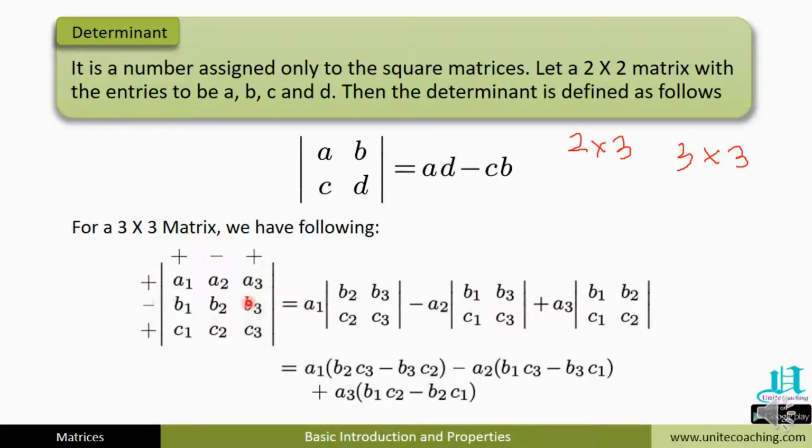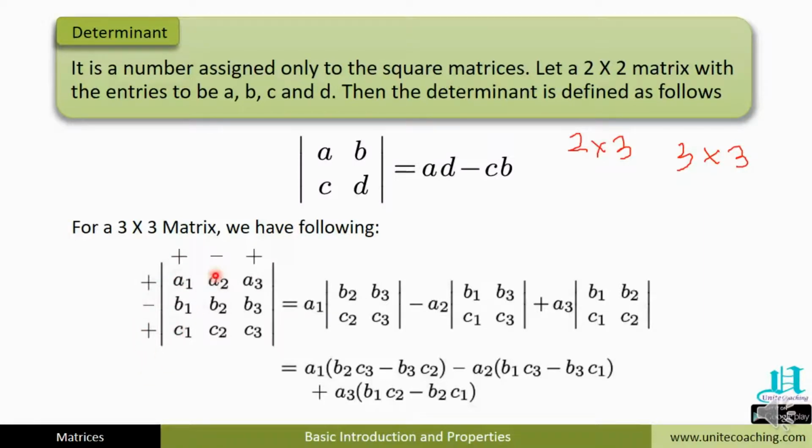For the first row we assign the signs positive, negative, positive, and if there had been a fourth element, it would have had a negative sign. All these signs alternate: positive, negative, positive, negative. In the column form also positive, negative, positive, negative.